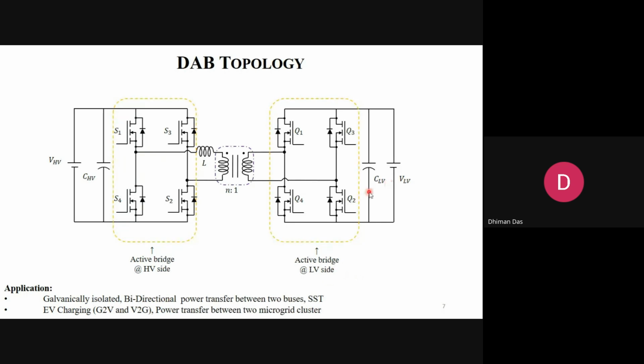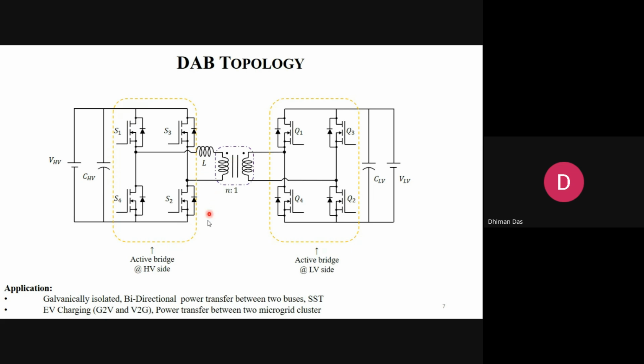Now we disconnect the load and connect a voltage source like a battery, and you may say the high voltage source is a grid, a DC voltage from the grid. So this is a galvanically isolated power transfer scheme. This is very popular nowadays, and solid state transformers and all these things use this kind of topology.